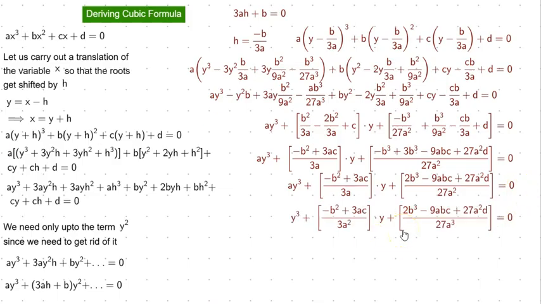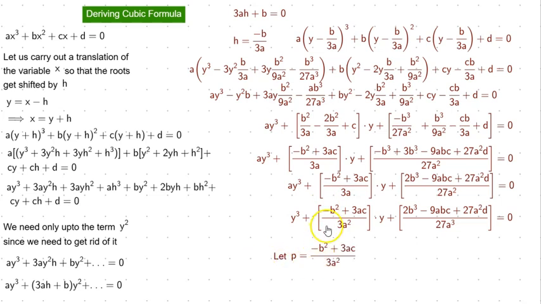Okay, now what further simplification can we do? We divide the whole thing by a. So we convert it into monic form. A disappears here. So y cube plus (minus b square plus 3ac) by 3a square times y, because again we are dividing by a, plus (2b cube minus 9abc plus 27a square d) divided by 27a cube equal to 0.